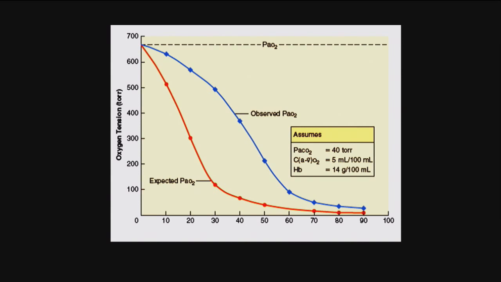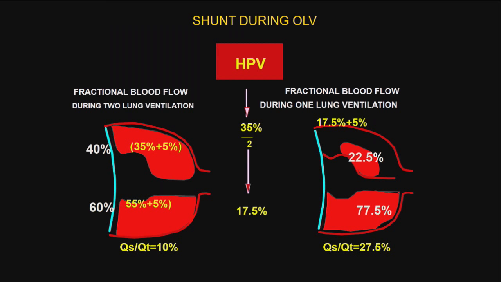In fact, Brian Marshall devoted his life to this at Penn University, and he showed that if you make part of the lung hypoxemic, you expect a PO2 of about 100 instead of like 400, because of HPV. HPV reduces by 50% the blood flow that goes down.